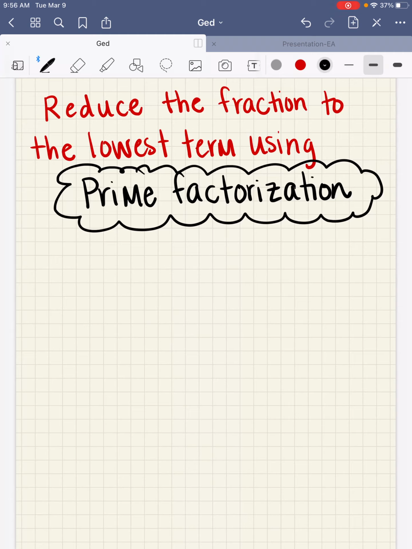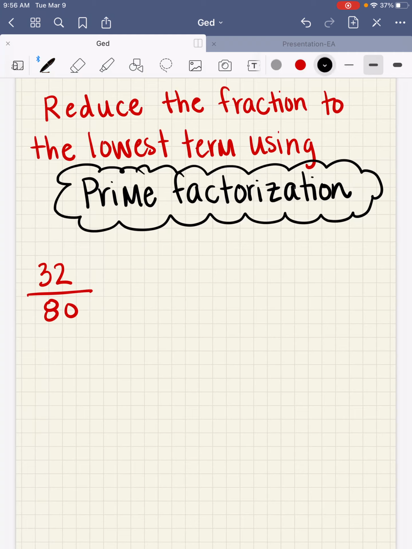And this video is about how to reduce a fraction to the lowest term using prime factorization. So we're going to look at a fraction, 32 over 80. And we want to use prime factorization to figure out how to reduce 32 over 80 to its lowest term.